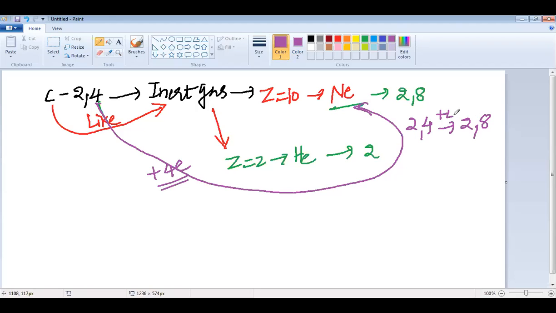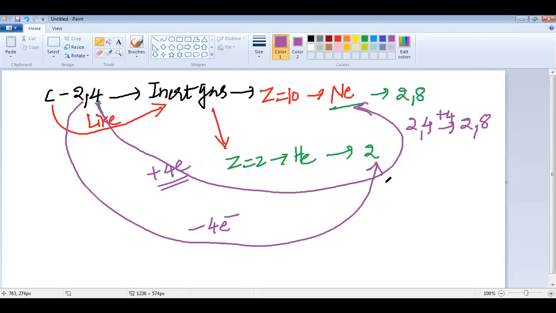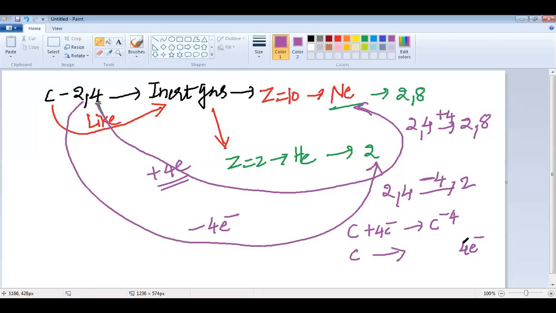If we want to convert this carbon like helium, we need to remove 4 electrons. That means this 2, 4, by doing minus 4, turns into 2. Now when carbon takes 4 electrons, it becomes C minus 4. When carbon removes 4 electrons, it turns into C plus 4.